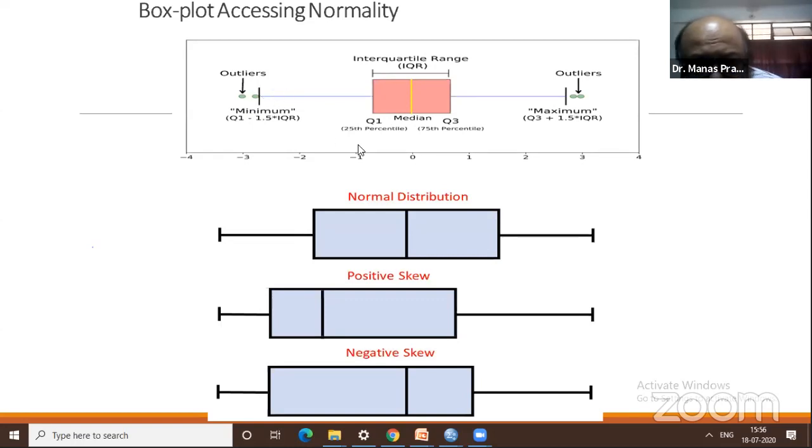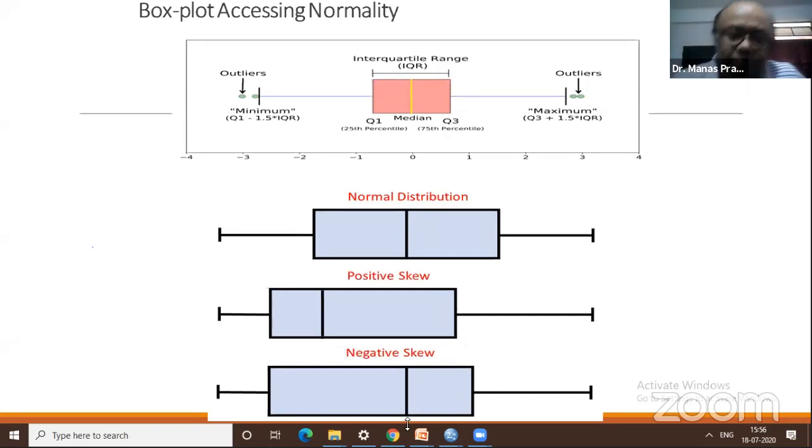Now you see, if your median lies in the middle position, then there is a chance that your data follows a normal distribution. If it falls in the middle of the box, there is a possibility that your data follows a normal distribution. If it falls this side, then it is called a positively skewed distribution. Skew means there are outliers. And if it falls this side, this is called a negatively skewed distribution.